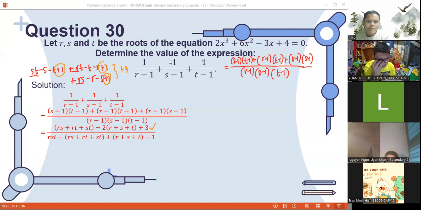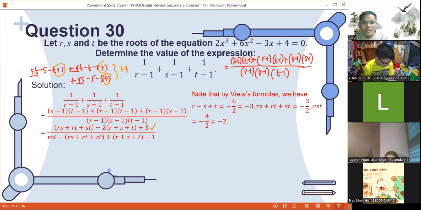And then the next step is you simplify it by Vieta's formula. This one is a property of Vieta's, equal to negative 3. Don't forget, this part here is the sum of roots.